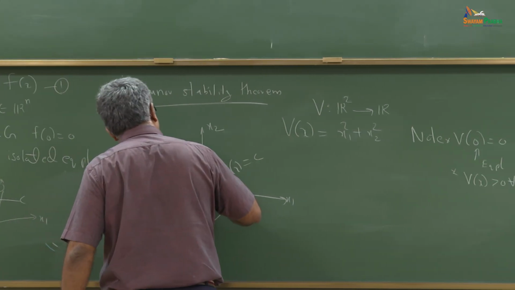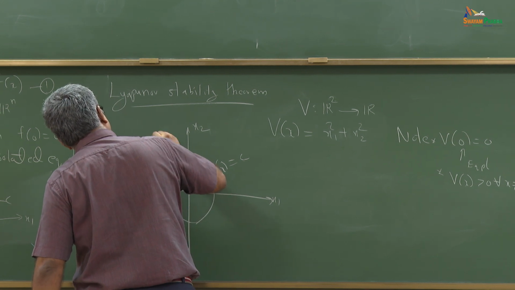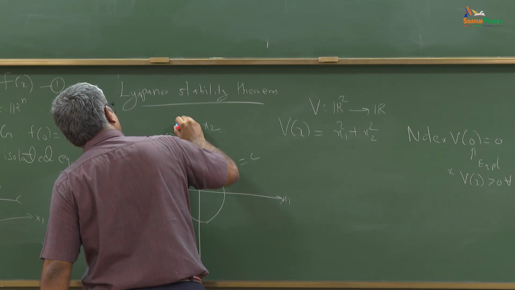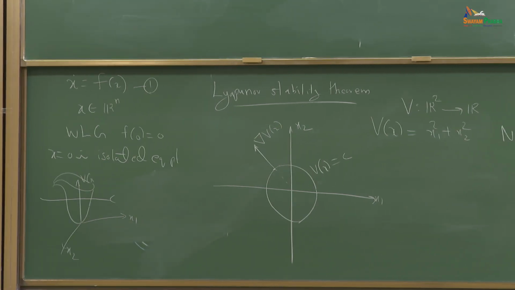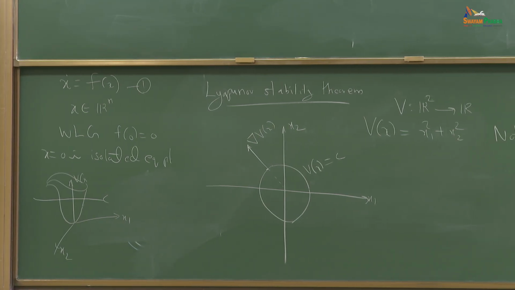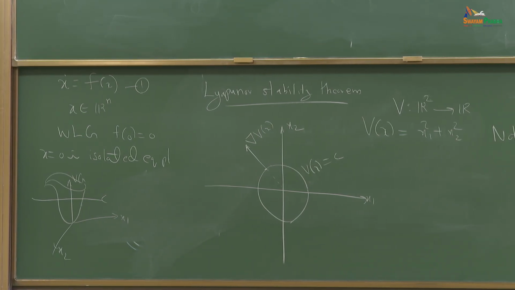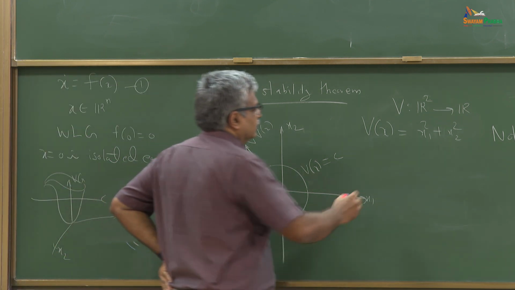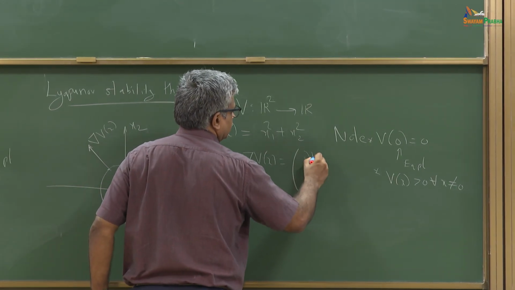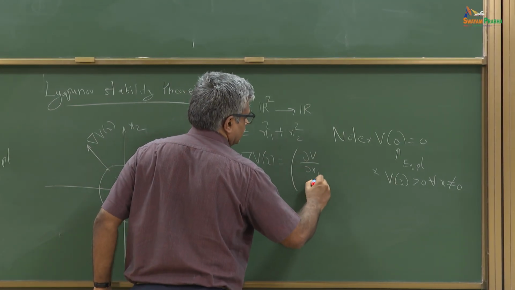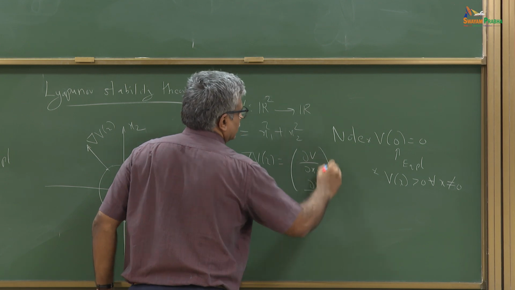So my gradient I'll denote by del V of x. It's nothing but dou V by dou x. But it's a vector here because we are taking R2, so it is dou V by dou x1 and dou V by dou x2.